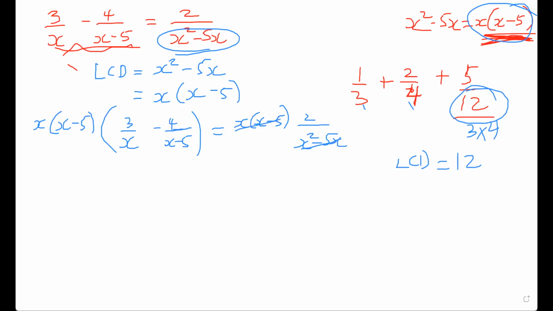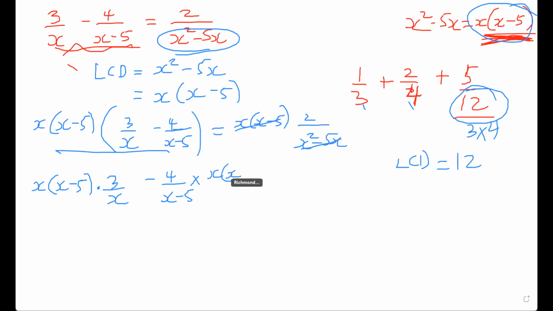Now for this part, I'm going to do x minus 5 times 3 over x minus 4 over x minus 5 times x minus 5. Remember, I'm just distributing the LCD to those two terms.